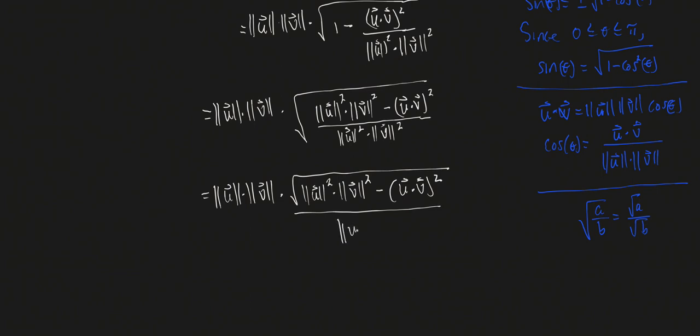So I have the magnitude of u times the magnitude of v.